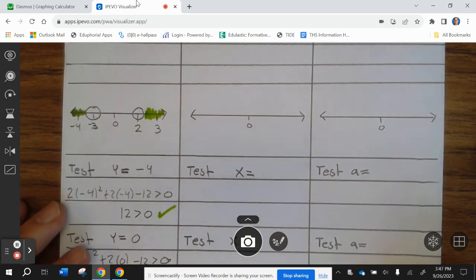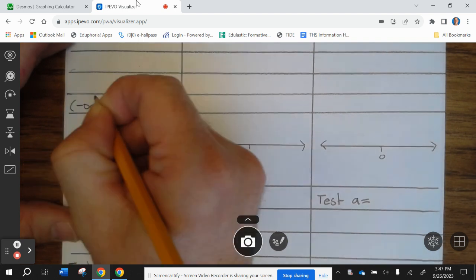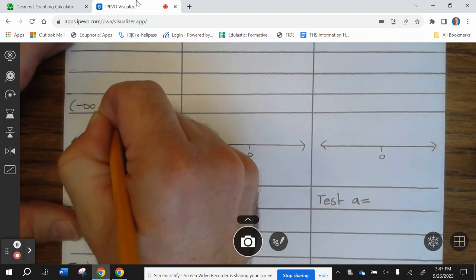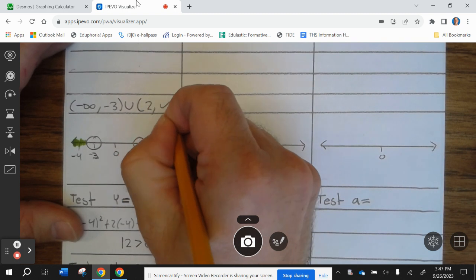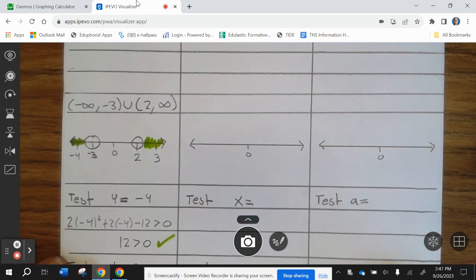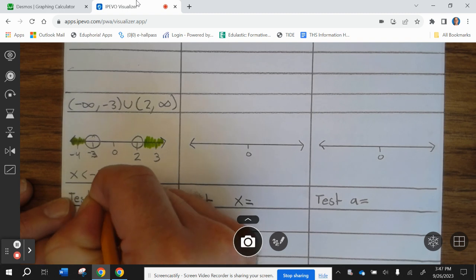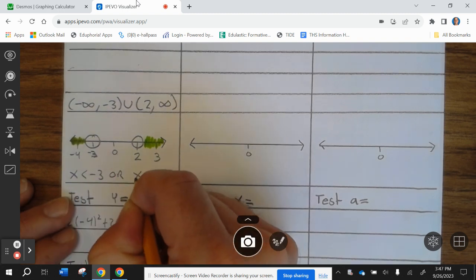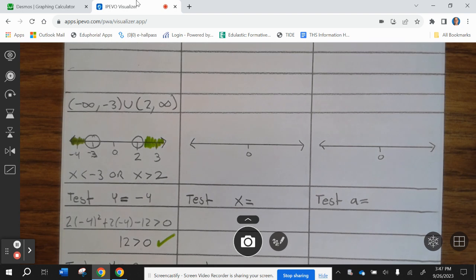Okay, so we have negative infinity to negative 3, or 2 to infinity. And another way to write that is x is less than negative 3, or x is greater than 2. All right, let's finish that up.